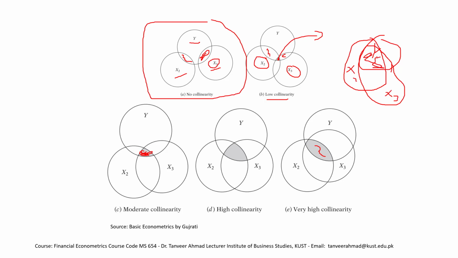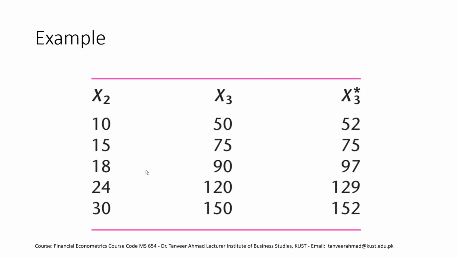Now you would see this part is the part of variation in y that is explained by both x2 and x3, and neither of them presents any additional information. So if we only keep x3, that would be sufficient, or if we keep x2, then again that would be sufficient. So for example, there is this x2 variable and x3 variable.